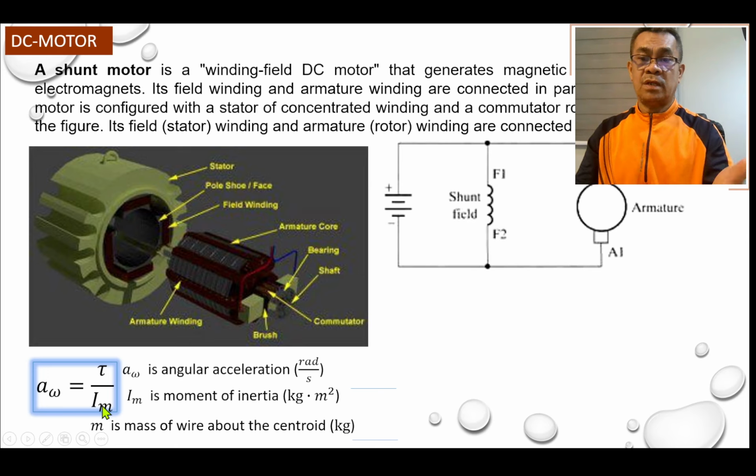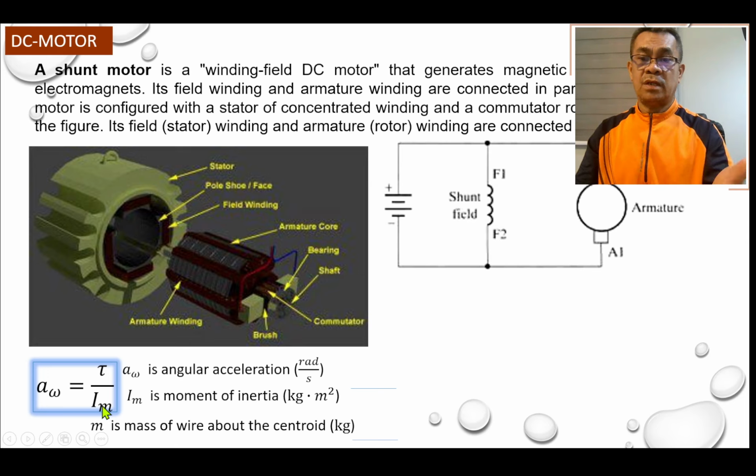So we need the mass, and we have this meter squared, which is area, take note. So mass times meter squared is the moment of inertia. The angular acceleration can be calculated with this formula, in radian per second squared, with the moment of inertia in kilogram meter squared, and the mass of the wire.